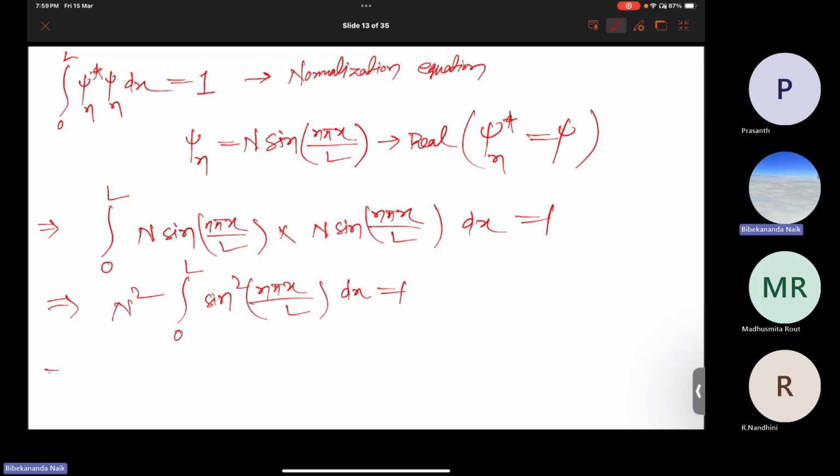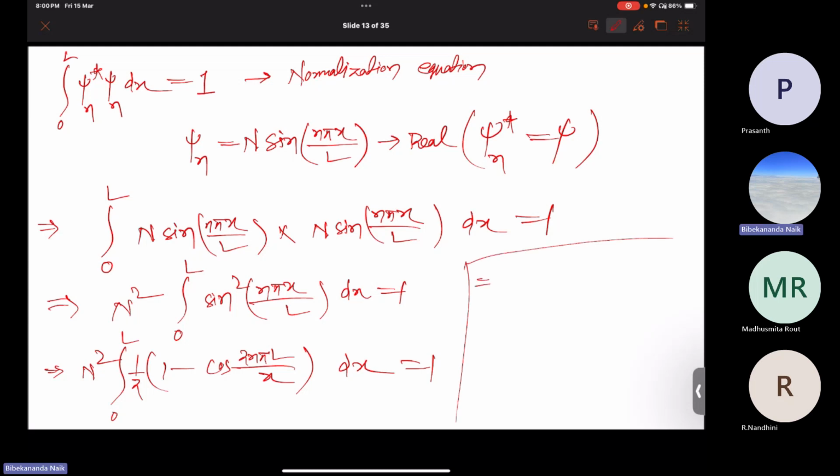So it will be N square, integral from 0 to L of sine square(n pi x by L) dx equals 1. We know sine square x is (1 minus cos 2x) by 2, because 1 minus cos 2x is 2 sine square x. So if you integrate it, what will you get?